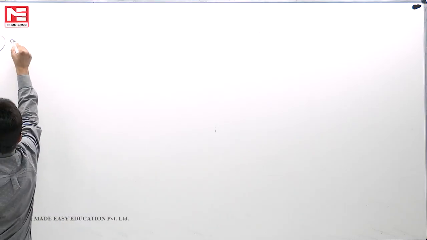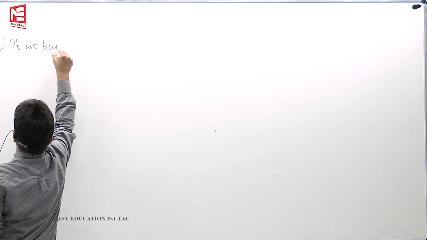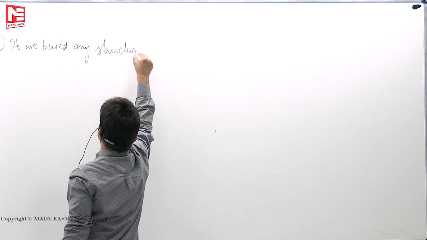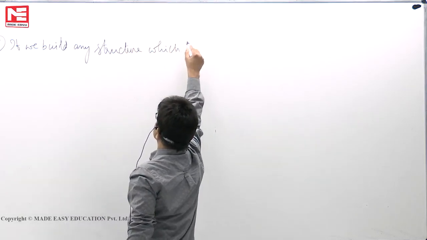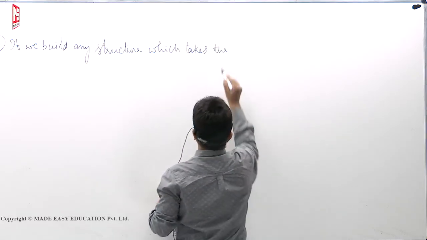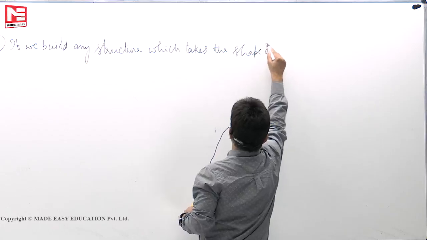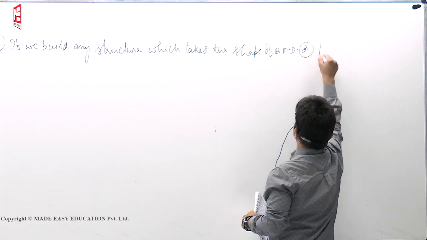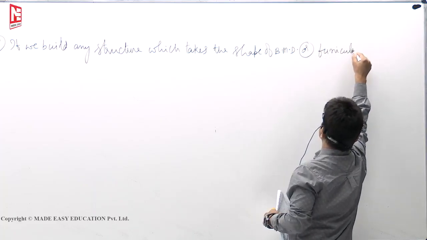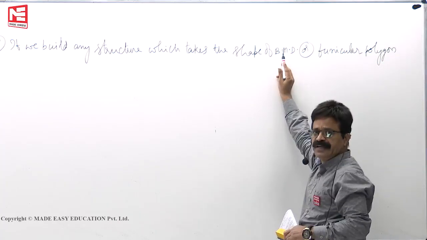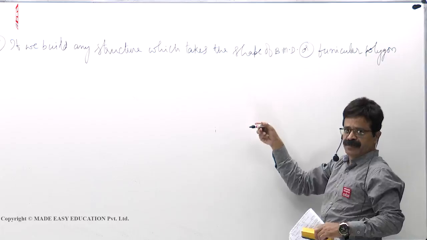So, next point is the 7th point. If we build any structure which takes the shape of the BMD, shape of BMD means funicular polygon, which takes the shape of the bending moment diagram or which takes the shape of the funicular polygon.